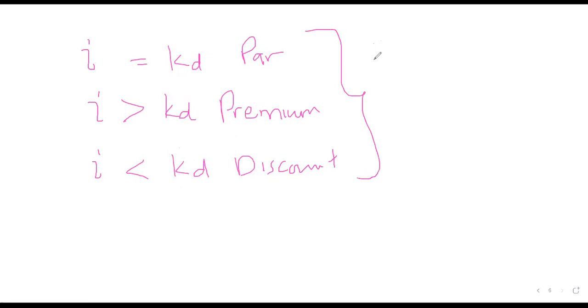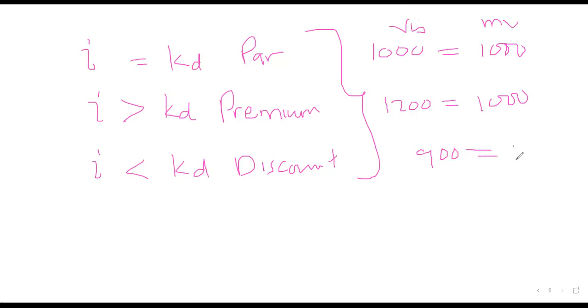The face value is always 1,000, and if you're also selling it at 1,000, you know this is at par. What you're selling is how much you bought it for. But if you're selling the bond for 1,200 and you bought it at 1,000, it's a premium bond. But if you're selling the bond at 900 and you bought it for 1,000, you're selling it at a loss. It's called a discount bond.